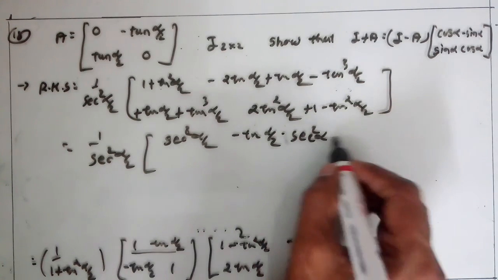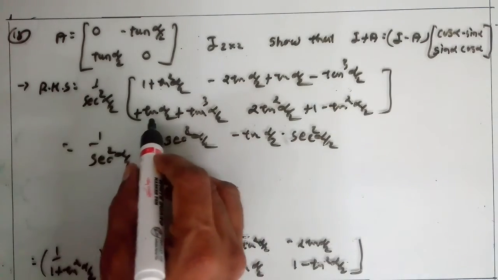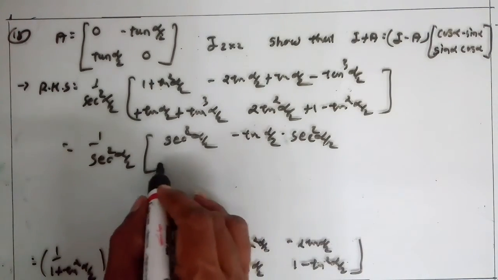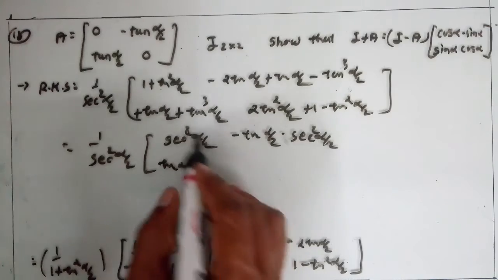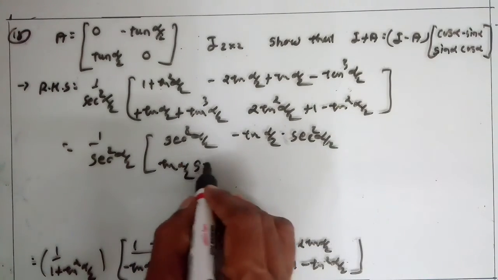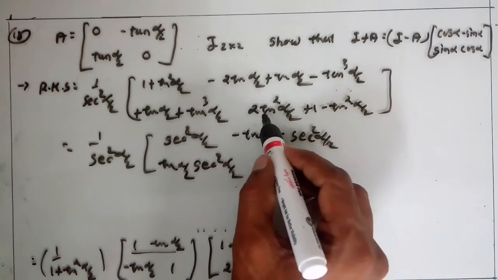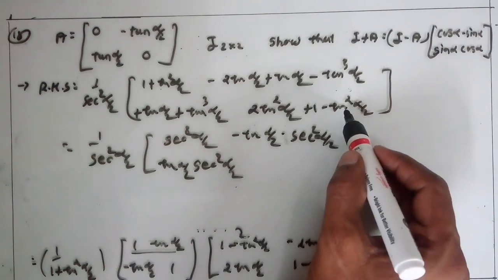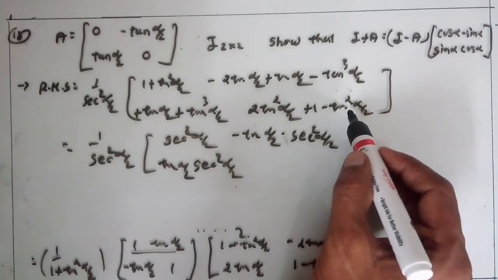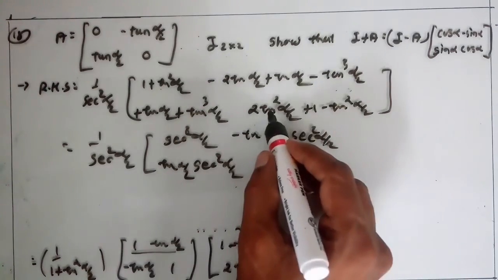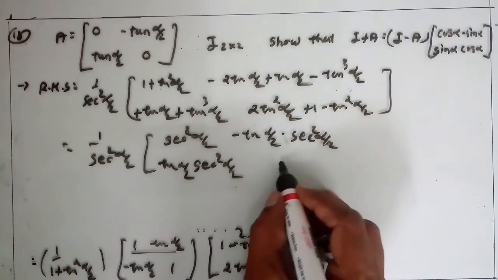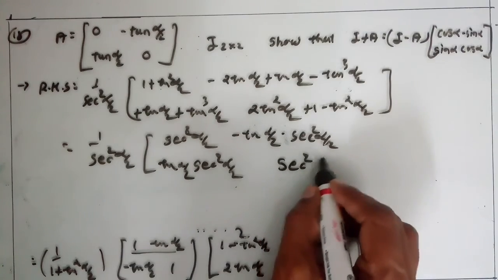Clear? Similarly, take tan alpha by 2 common, so tan alpha by 2 into 1 plus tan square becomes sec square alpha by 2. Here 2 tan square alpha by 2 minus tan square alpha by 2 becomes 1 plus tan square alpha by 2, that is sec square alpha by 2.